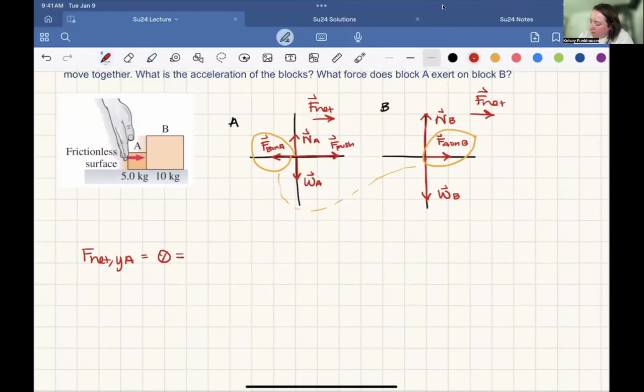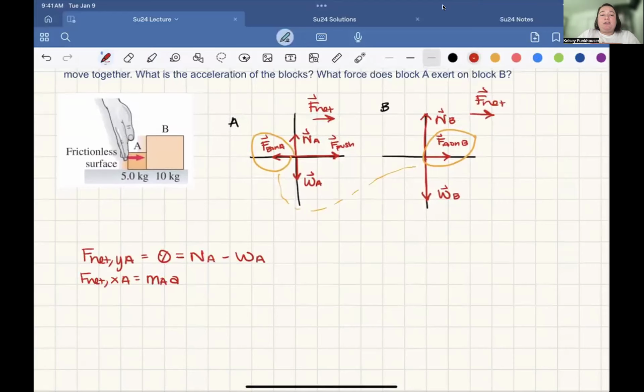So in y, our forces for A are the normal force minus the weight force. And then in x for A, this time we have a net force in x. So we'll say mass of A times the acceleration. These blocks are in contact with each other, and there's no mention of them sliding or anything that indicates that they are accelerating at different speeds.